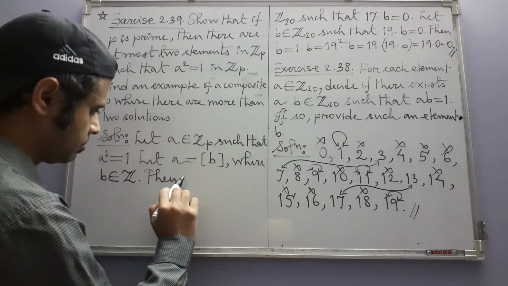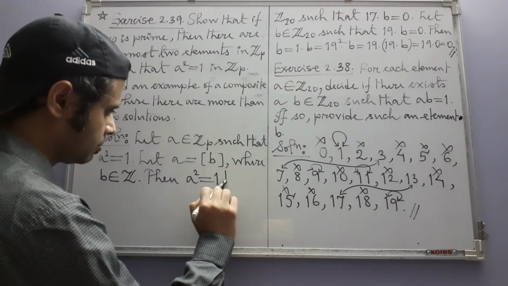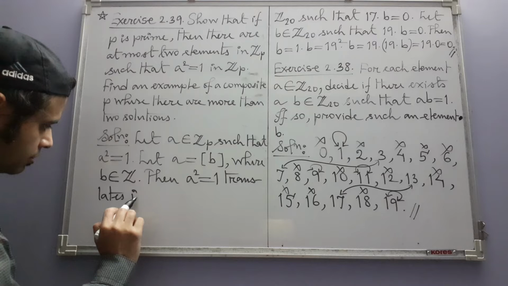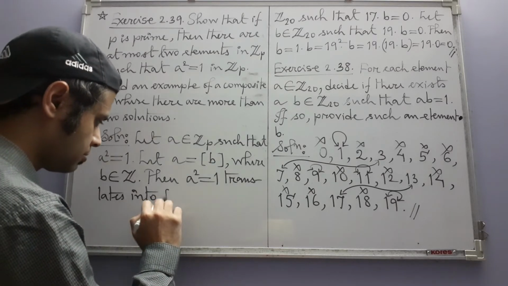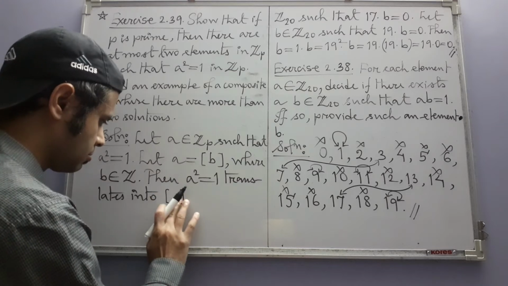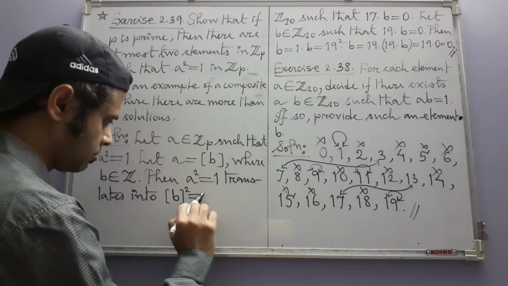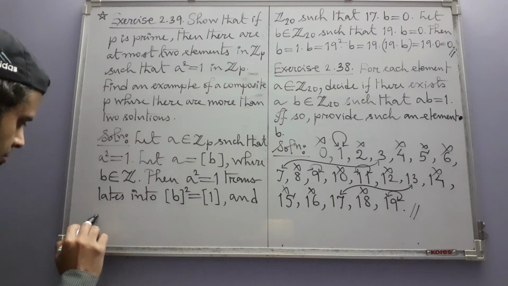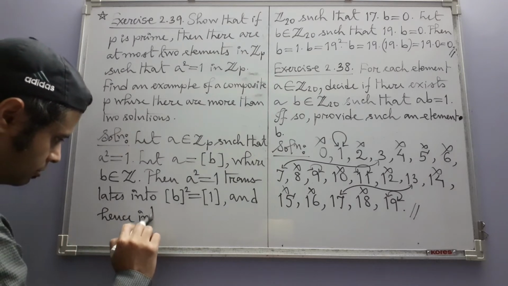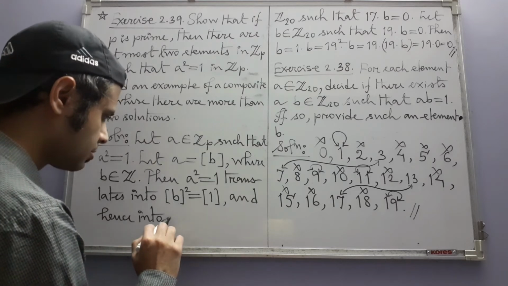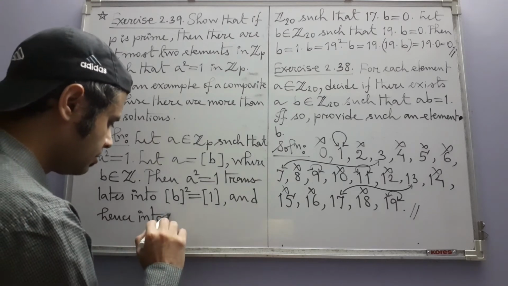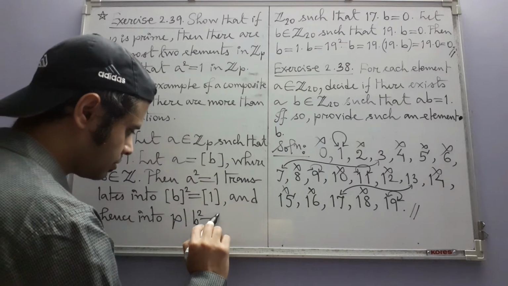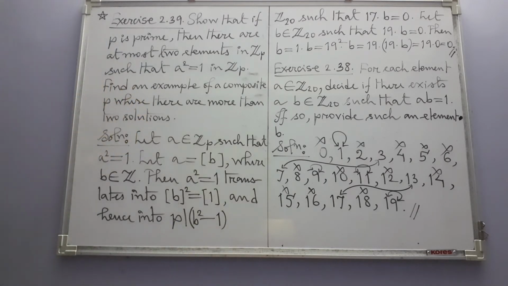Then this equation translates into this, this 1 actually means this, and hence into this congruence, or in fact we can go one step further and write that P divides B square minus 1.